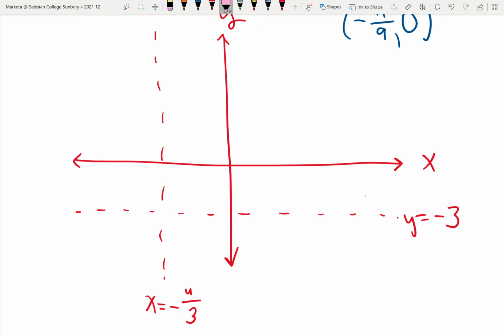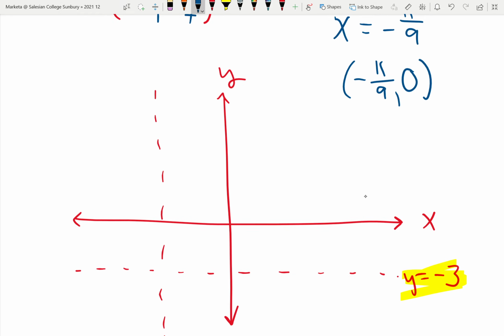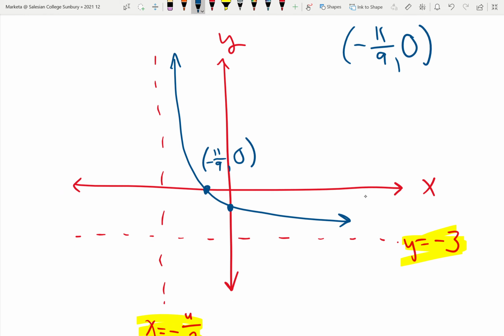By labeling the asymptotes, I mean label the equations of the asymptotes, so that and that. And then now I have my hyperbola looking like this. So -11/9, 0, and 0, -20/7. And then we have it.